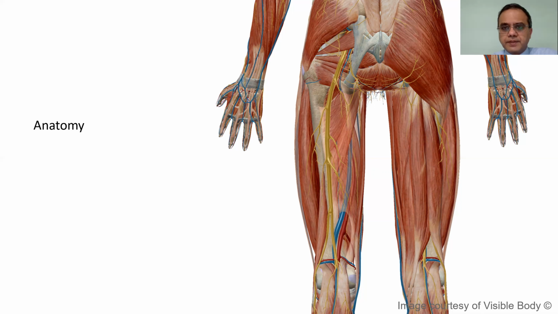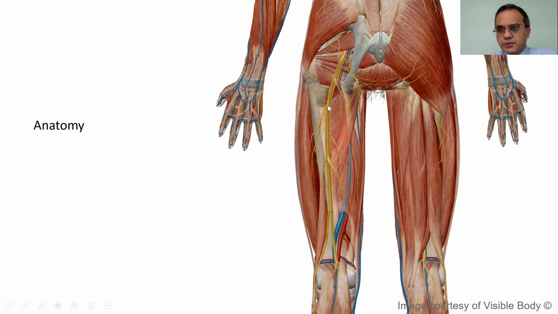It's formed in the pelvis, and it exits the pelvis through the greater sciatic foramen and emerges underneath this muscle over here, which is the piriformis muscle, and then it passes between the greater trochanter and the ischial tuberosity, and as it does that, it lies over the quadratus femoris muscle, which is the muscle over here.